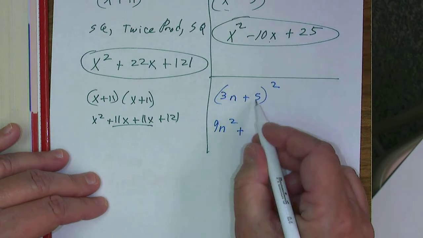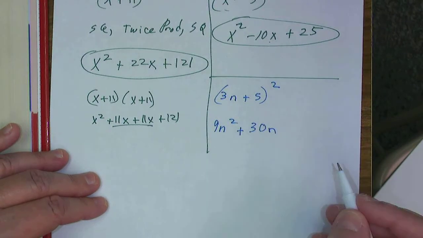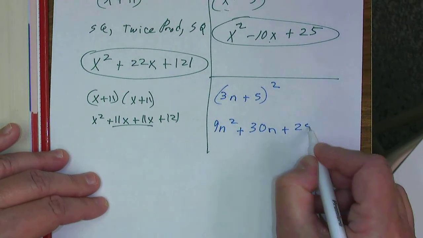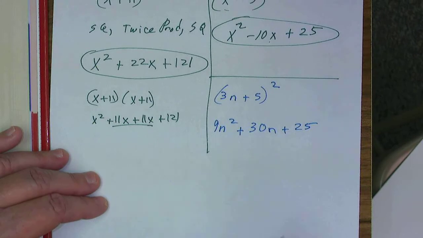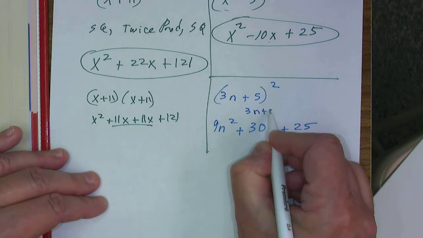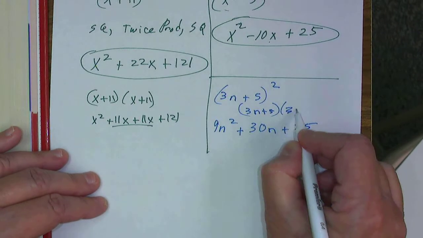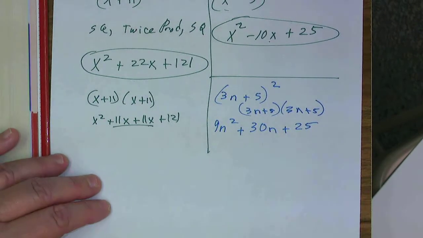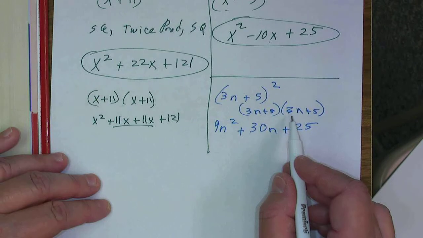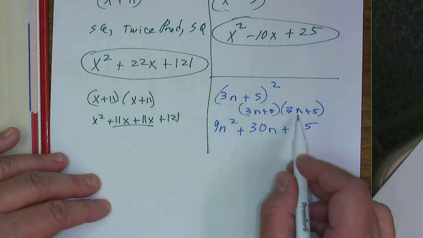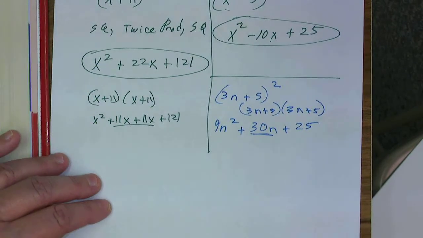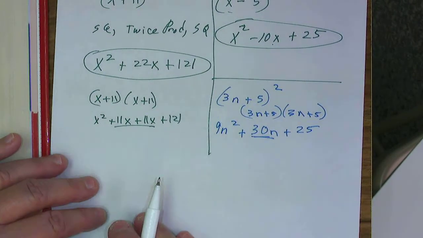The product is 15n. We got to double it for 30n, and the square of the last thing is 25. Again, if you write that twice, that's what 3n plus 5 squared means. 9n squared plus 15n plus 15n, that's where you get the 30n. And then your last is plus 25.